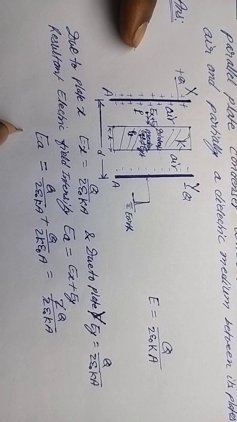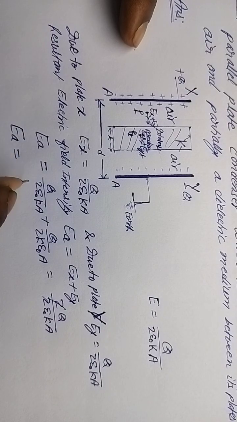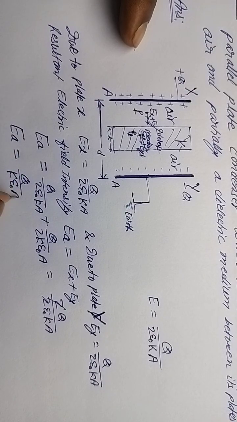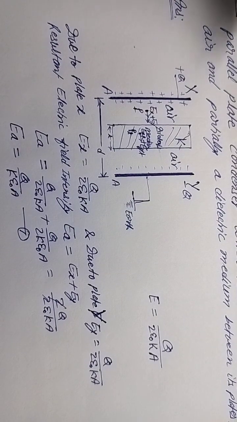Finally, the electric field EA for air is equal to Q upon K epsilon 0 A. Call this equation 1, right?